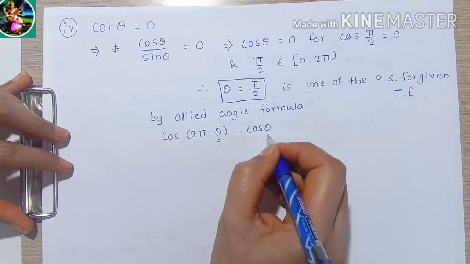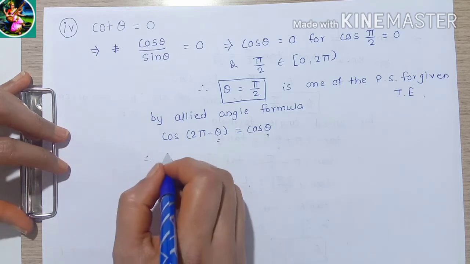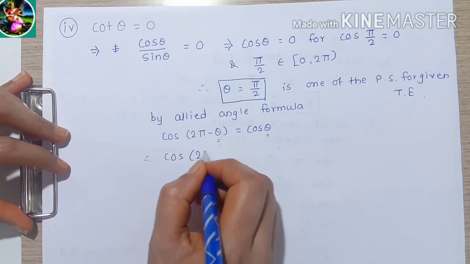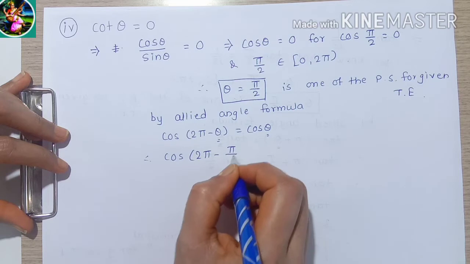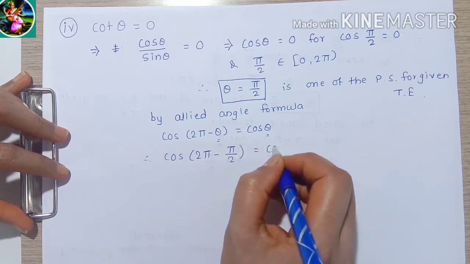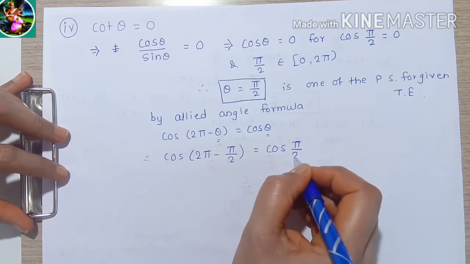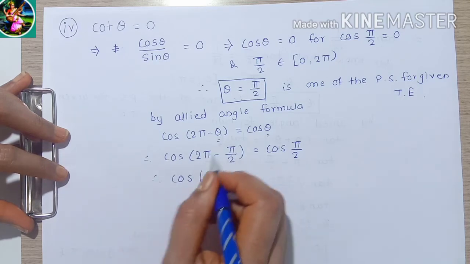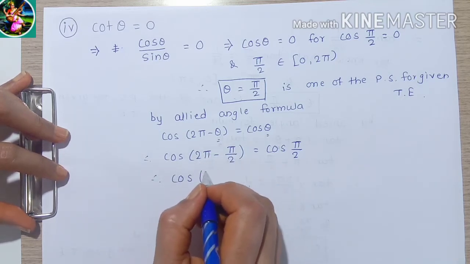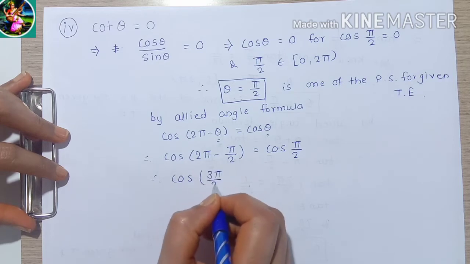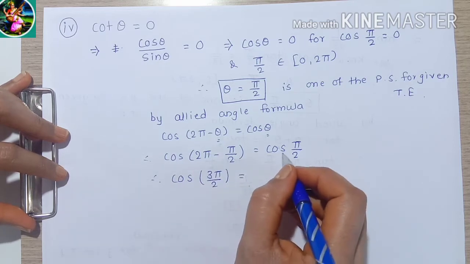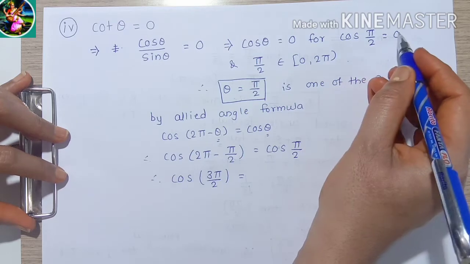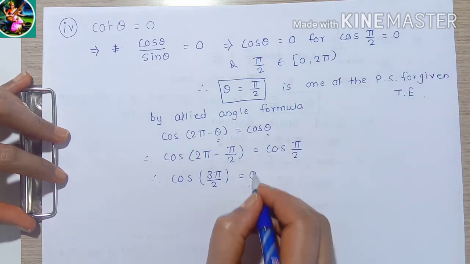Here we replace this theta by pi by 2. Therefore, cos of 2 pi minus pi by 2 is equal to cos of pi by 2. That is, cross multiplication gives 3 pi by 2 is equal to cos pi by 2.